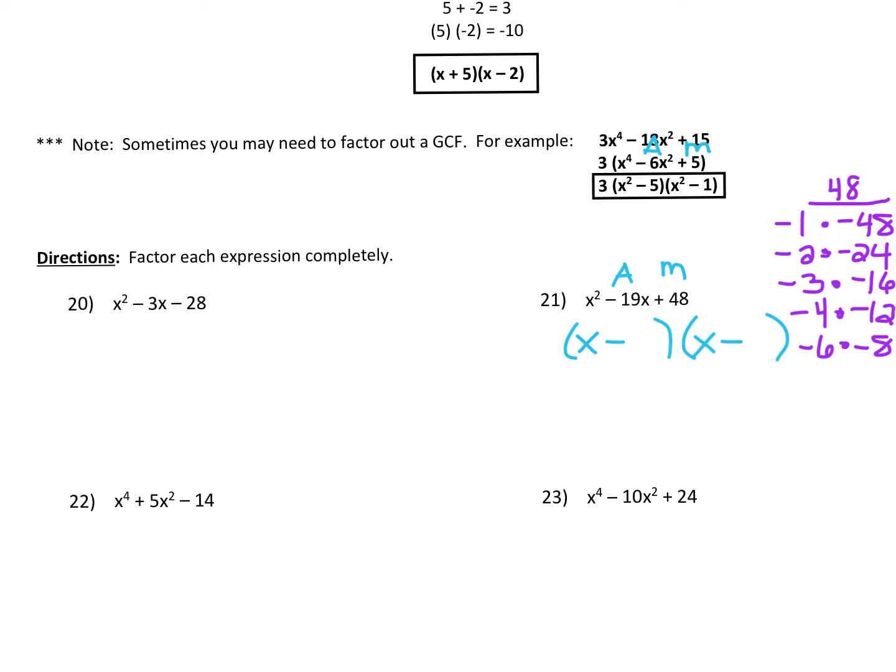And then once I try 48 divided by negative 8, well, it's already on my list, so I know I've come up with all of the factors, all the pairs of numbers that multiply to 48.